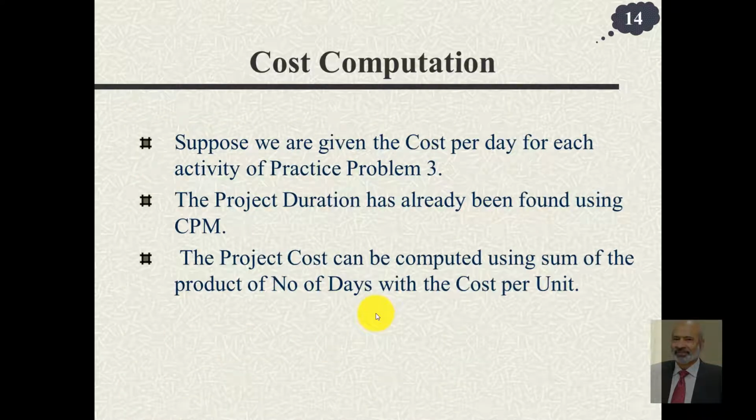The project cost can be computed using the sum of the product of the number of days with the cost per unit, because if you are given cost per day, you have to multiply it with the number of days that the activity would take to find the total cost of that particular activity, and then you sum up all such products to get the cost of the whole project.